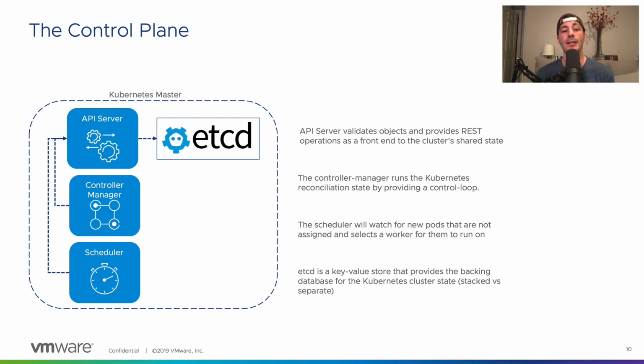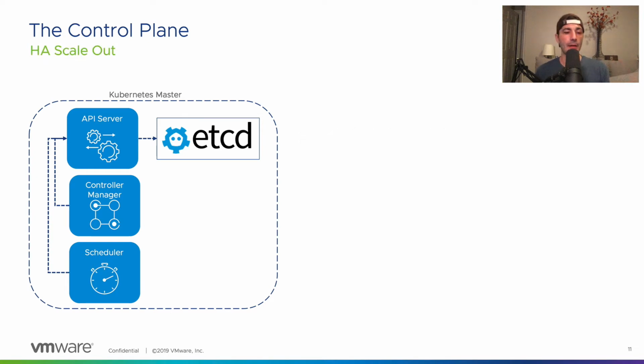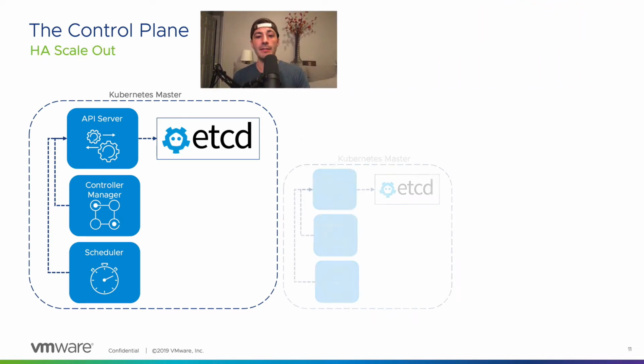What that means is that it is another service installed on the Kubernetes master, or the Kubernetes control plane node, instead of being deployed on a separate VM as a separate service. You would actually have to know how to organize and manage etcd on your own if it was outside of this. The other cool thing about the control plane is that it easily scales out.